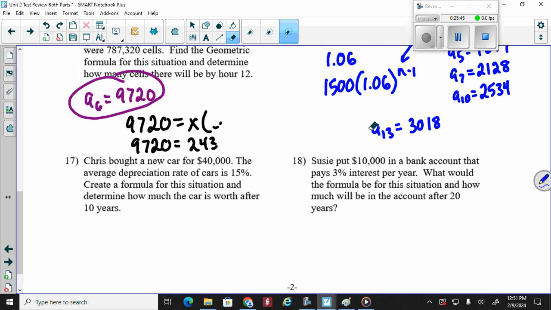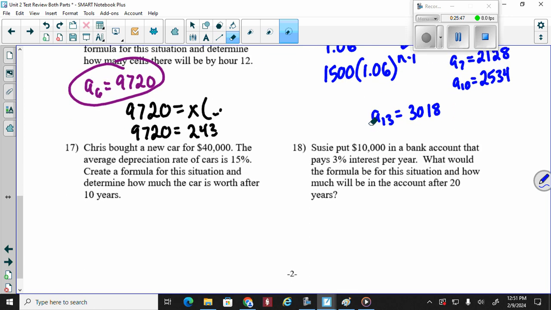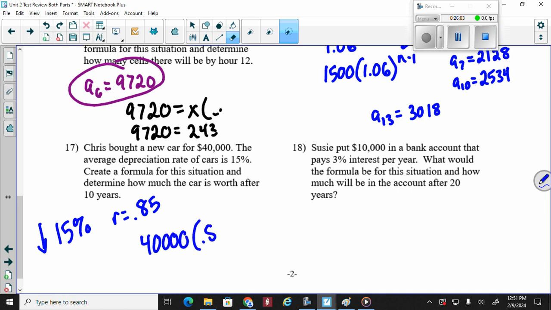All right, Chris bought an average new car of 40,000. The average depreciation rate is 15%. So that means, if you remember, we are decreasing by 15%. That's when you subtract from 1. So actually, the R will be 0.85. So the 40,000, parenthesis 0.85 to the n minus 1. That's my formula.